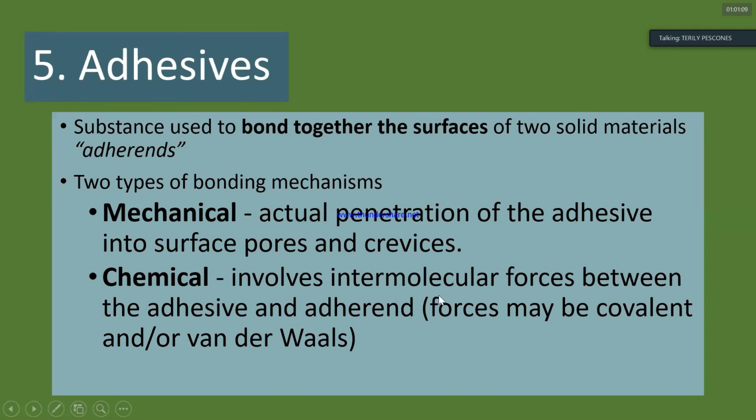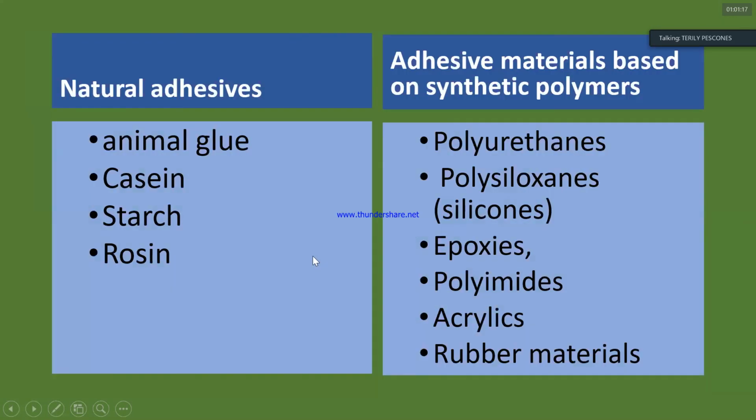Chemical naman involves intermolecular forces between the adhesive and adherent. So, mechanical, natural adhesives, ito na yon. Familiar naman yung mga ito, di ba? Yung mga gamit na ganito. Adhesive materials based on synthetic polymers. Natural adhesive, ito naman yung mga synthetic adhesives.